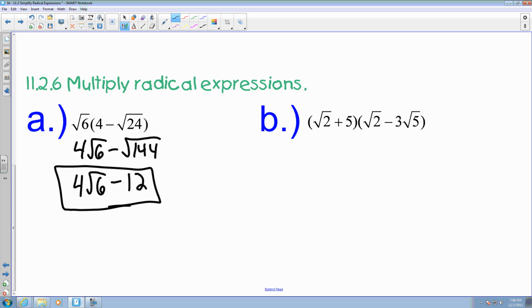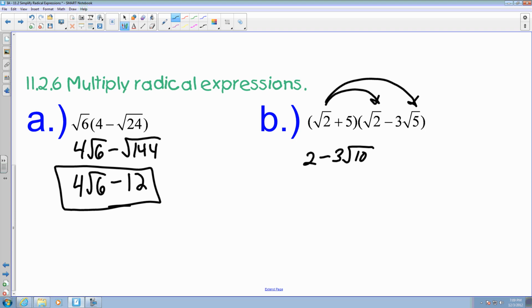For B, I'm going to have to FOIL this. So I'm going to go the square root of 2 times the square root of 2, which we know is 2. Then we have the square root of 2 times 3 times the square root of 5, which will be minus 3 times the square root of 10.